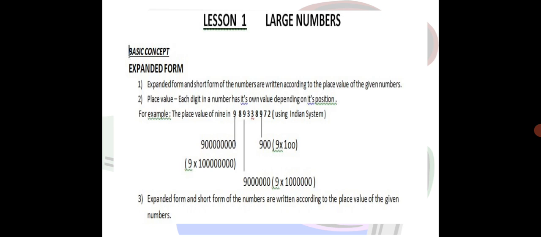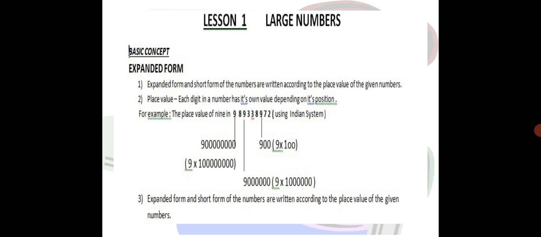The second 9 is in the place of 90 lakhs. That means 9 into 10 lakhs, so its place value is 90 lakhs.